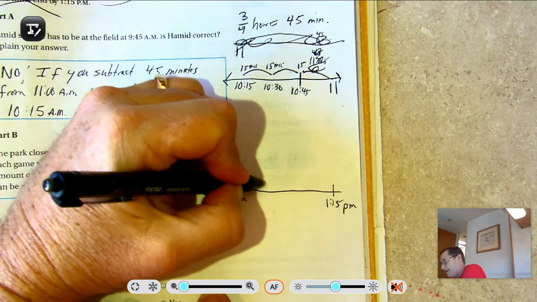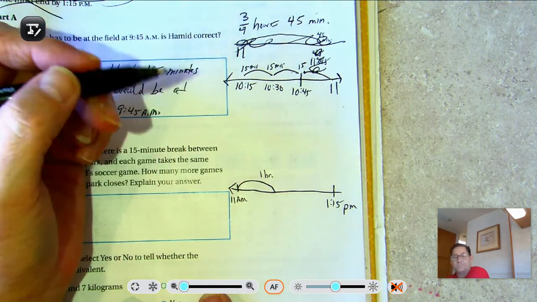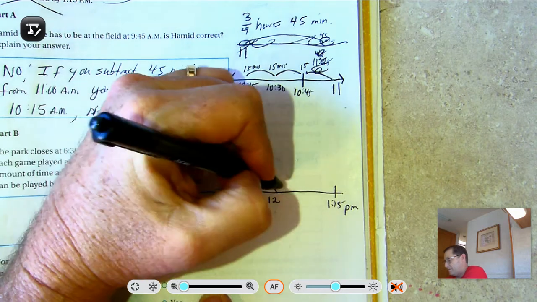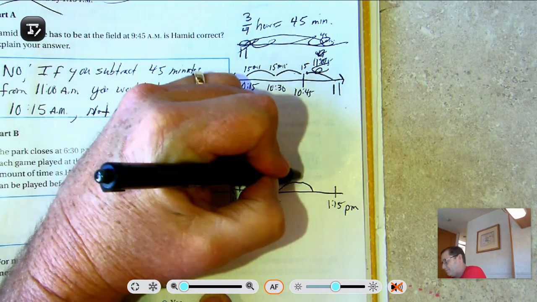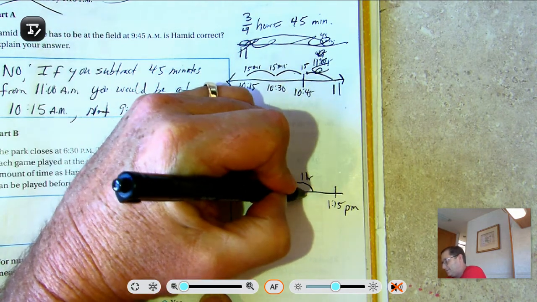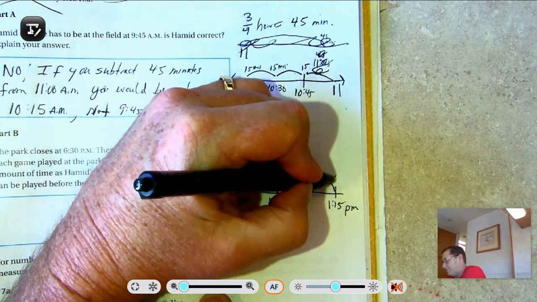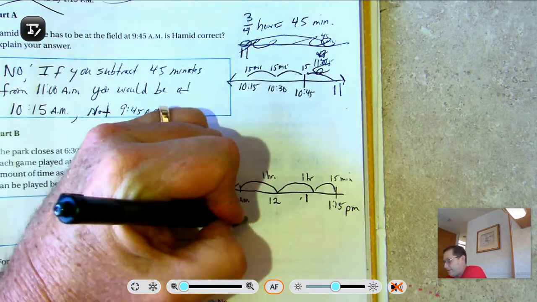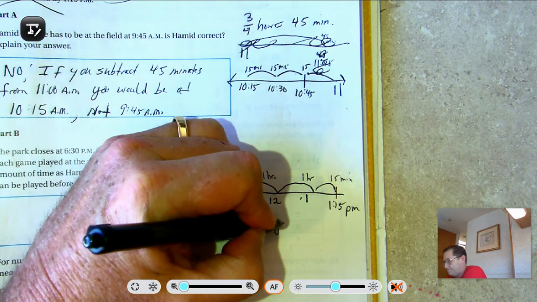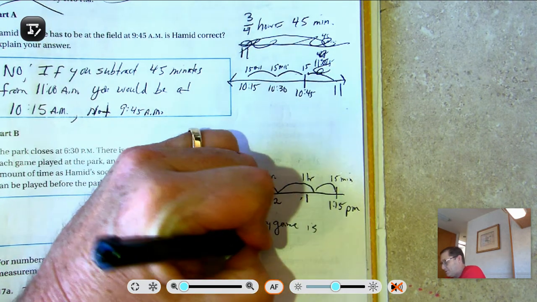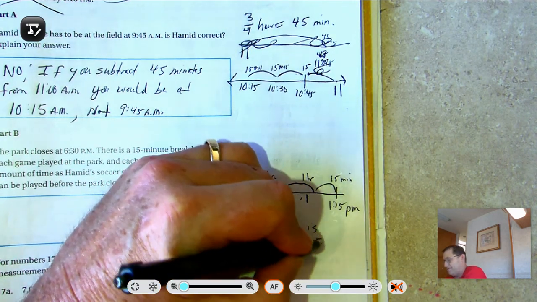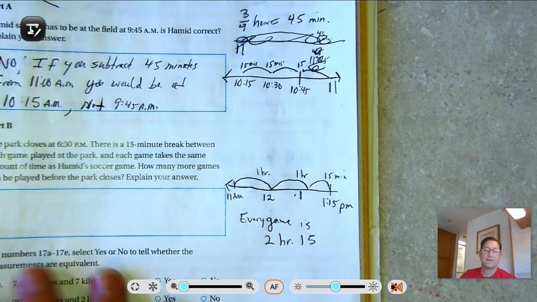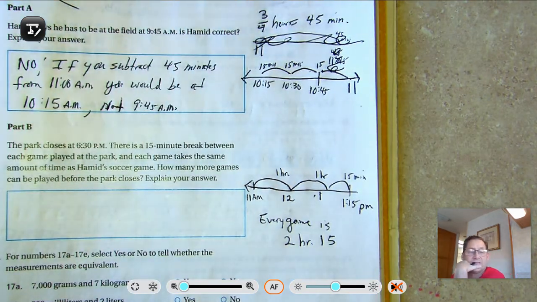So let's just jump an hour, 11 to 12, and then another hour from 12 to 1, and then we're going to jump 15 minutes. So every game is 2 hours and 15 minutes. All right, so there's a 15-minute break between each game.